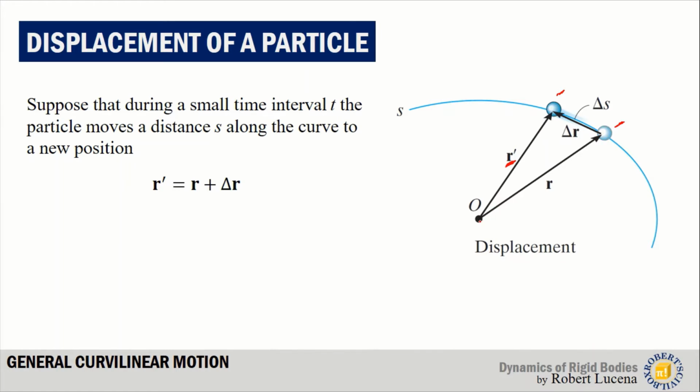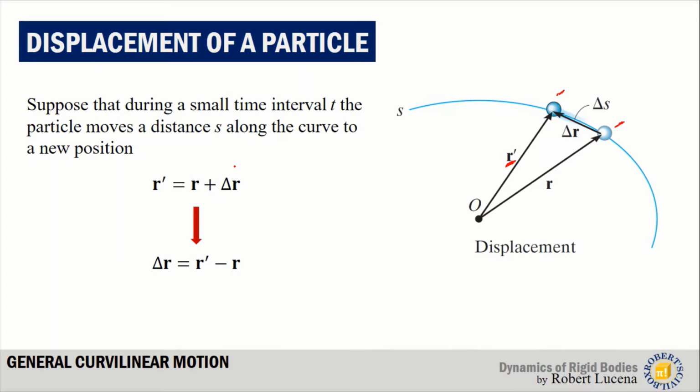Now if you connect the tail of vector r and the tip of vector delta r, you will have the resultant, which is r prime. So now we can say that r prime is the sum of the initial position of the object represented by vector r plus the displacement, which is represented by delta r.